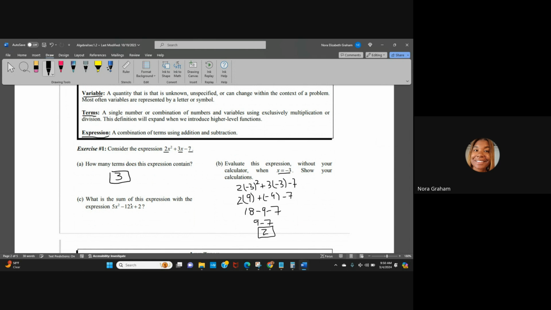And for C, what is the sum of the expression with the expression 5x squared minus 2x plus 2? So we're adding these two expressions together. To write this out, I'm going to put 2x squared plus 3x minus 7, the expression they give us.